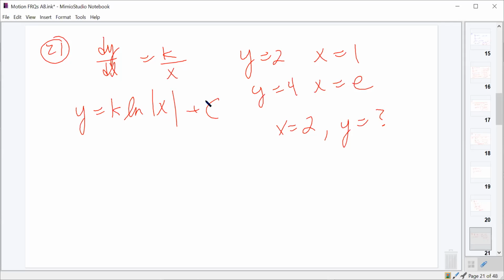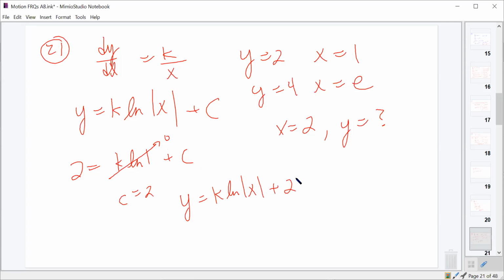And then in order to find out what those constants are, we need to plug in our different values. If I plug in x equals 1, that ought to give me y equals 2, and then k ln 1 plus our constant tells us that c is equal to 2 since k ln 1 is 0. So now we've got y equals k natural log absolute value x plus 2.